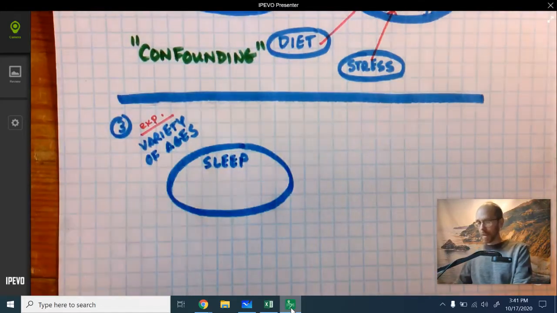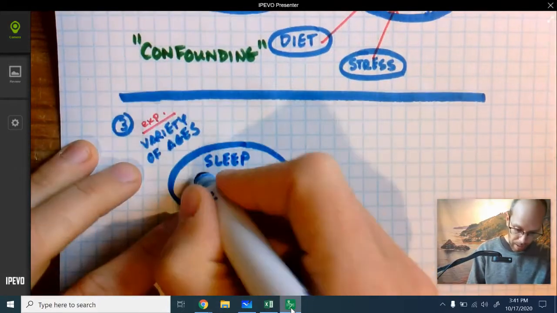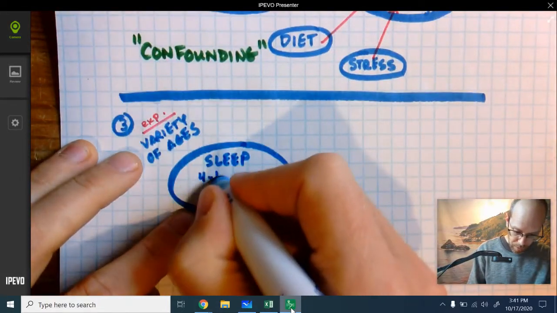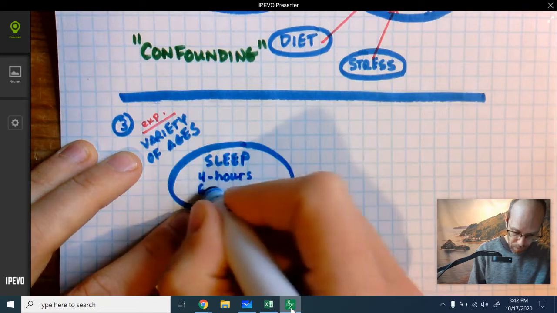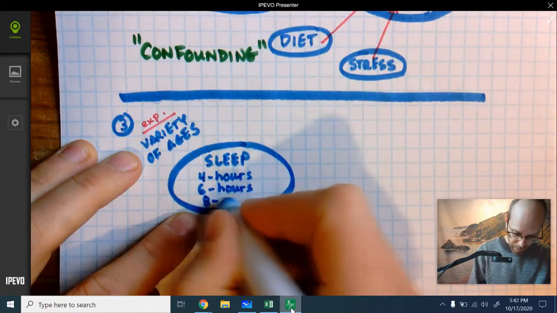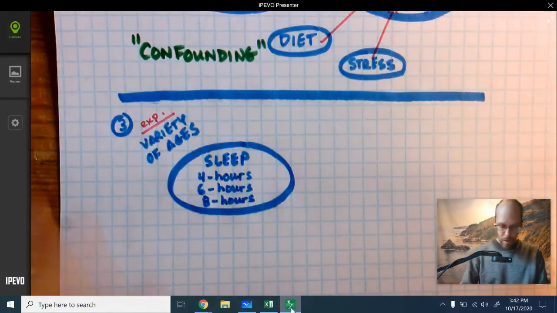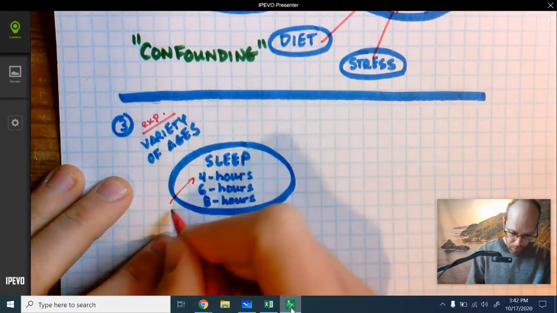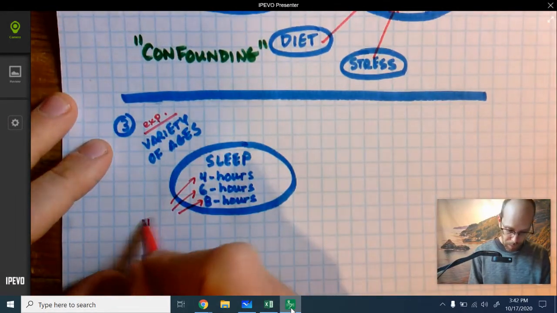We're going to have them sleep in a lab each night where we can control their sleep. And one group is going to get 4 hours. One group is going to get 6 hours. And another group is going to get 8 hours. These 3 different levels of sleep that I just described, they have a name. They're called the treatments.